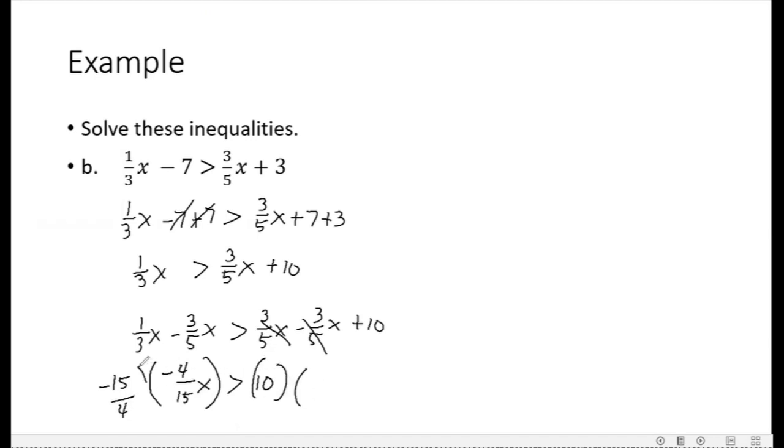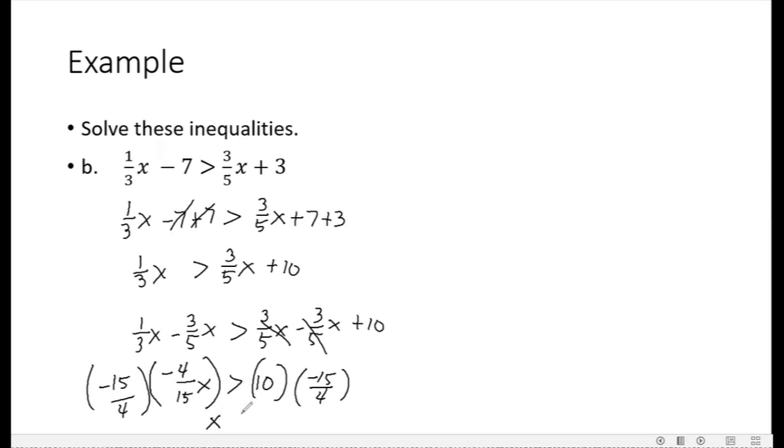We multiply by negative 15/4. So, on our left side, the result will be x only, so x remains. However, because the coefficient we used is below 0, or less than 0, therefore our inequality symbol will change.